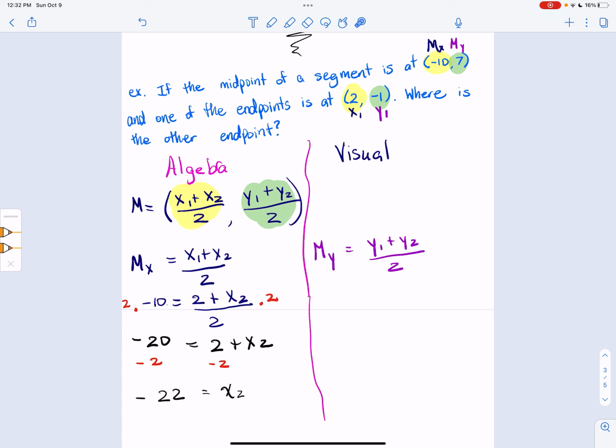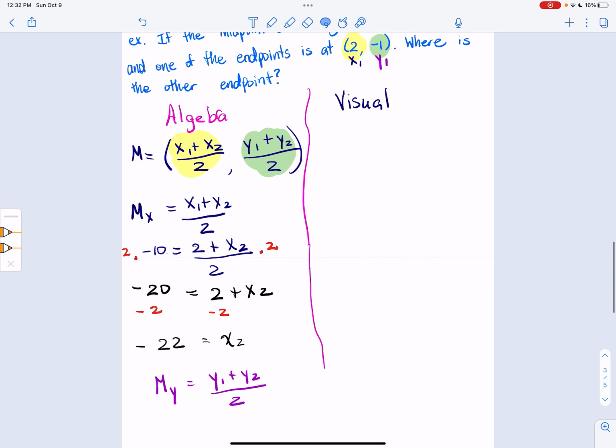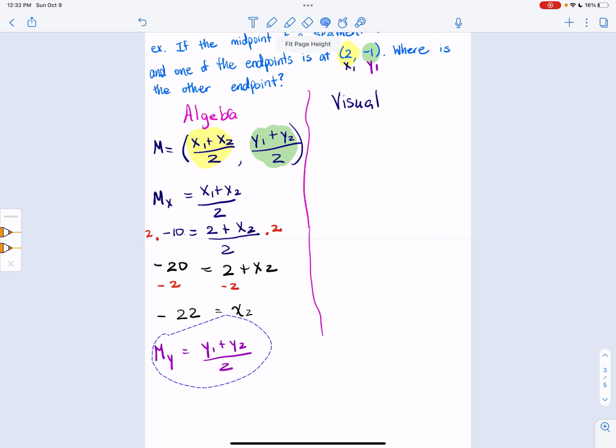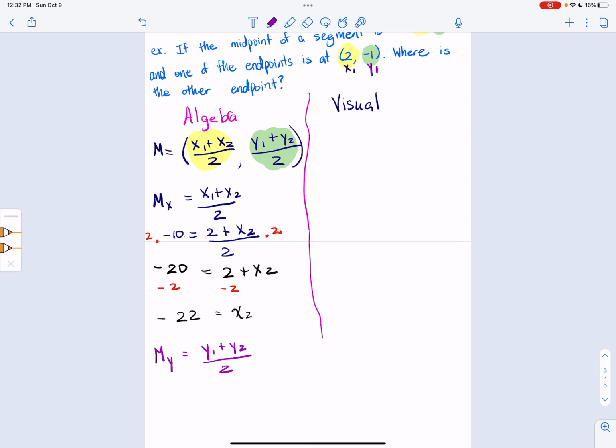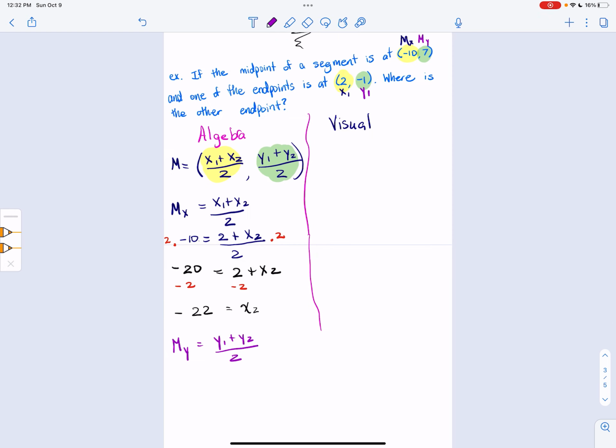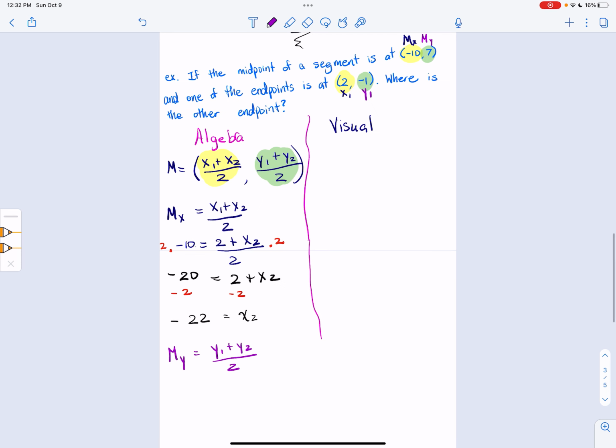This is not the visual way. I'm in the wrong spot, so let's move that over. There we go. From there, we can plug in what we know. We know that my is 7.